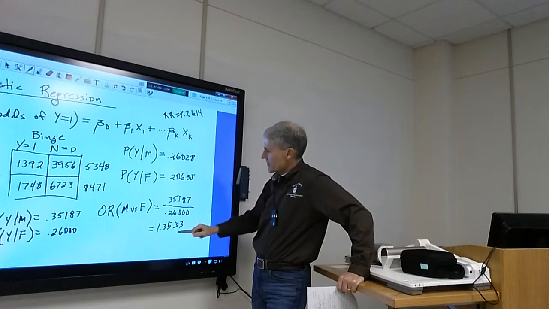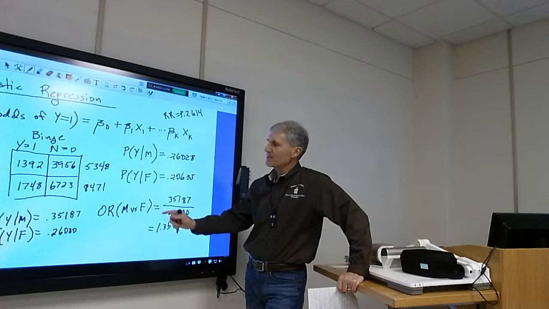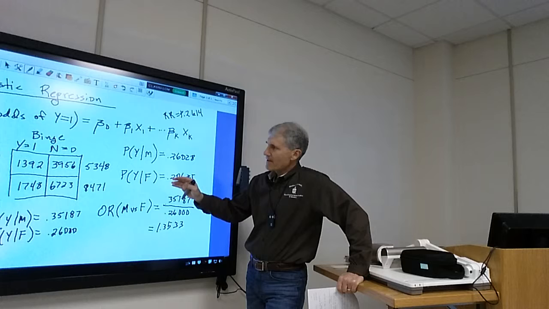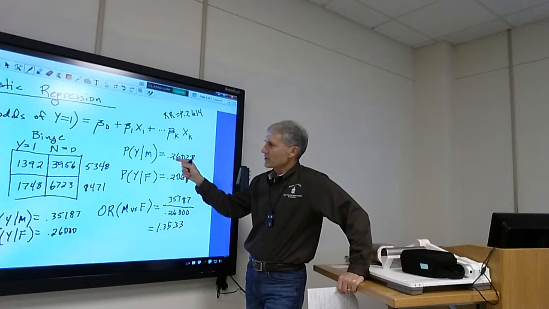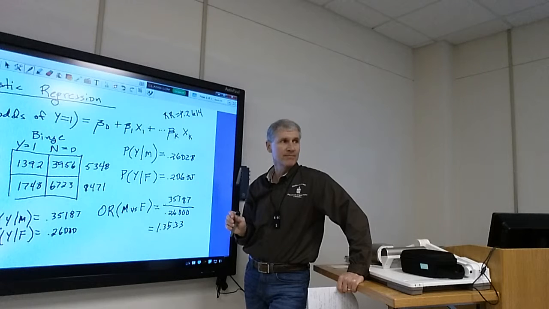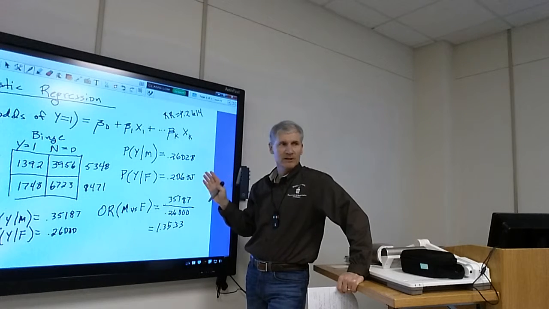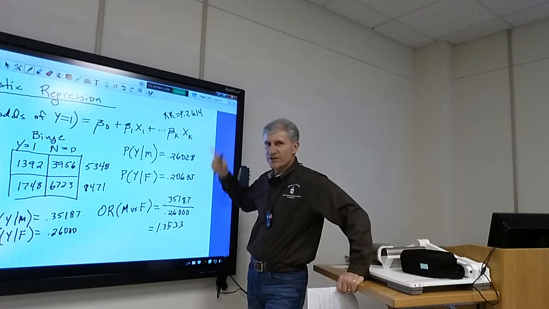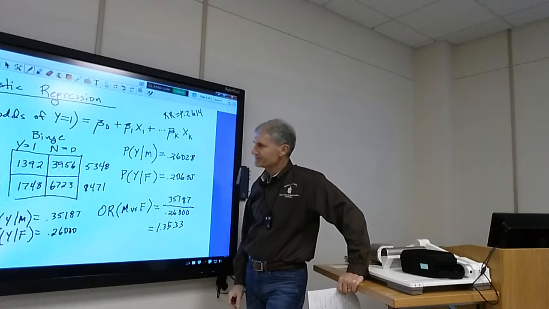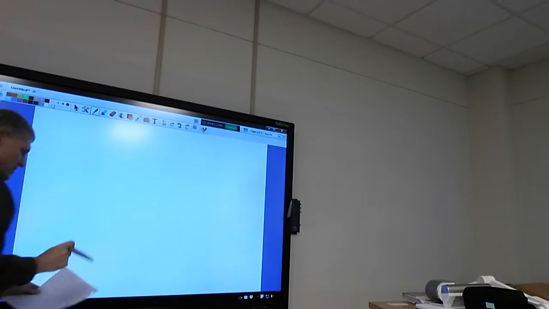Notice that that number and the odds ratio are fairly similar. And that's usually the case. When the probabilities get really low, then odds and probability are almost the same. When you get near 0.5 in the middle, then the two will diverge a little more. But when we do logistic regression, we are mostly interested in odds ratios.